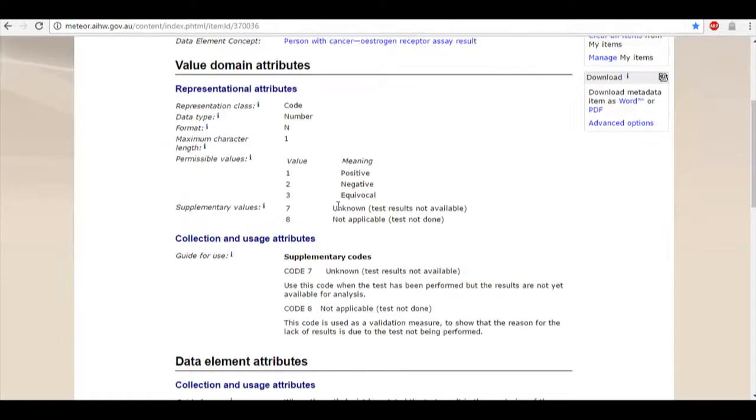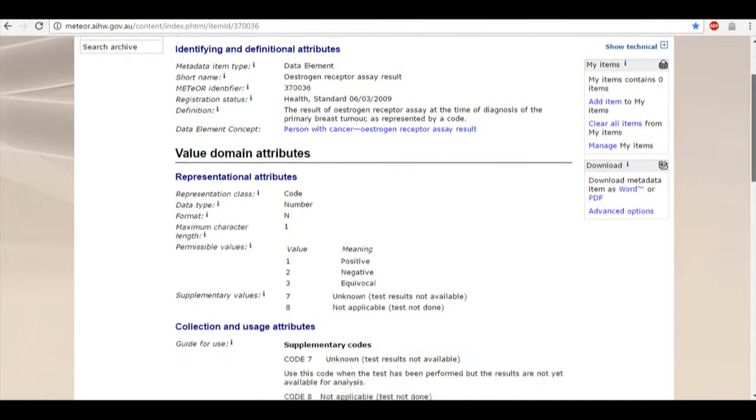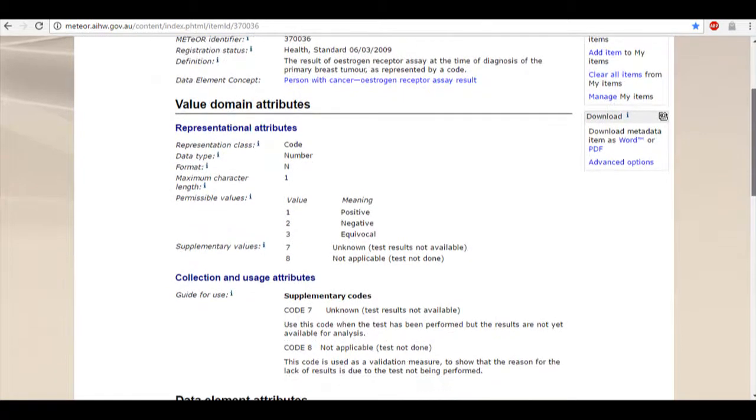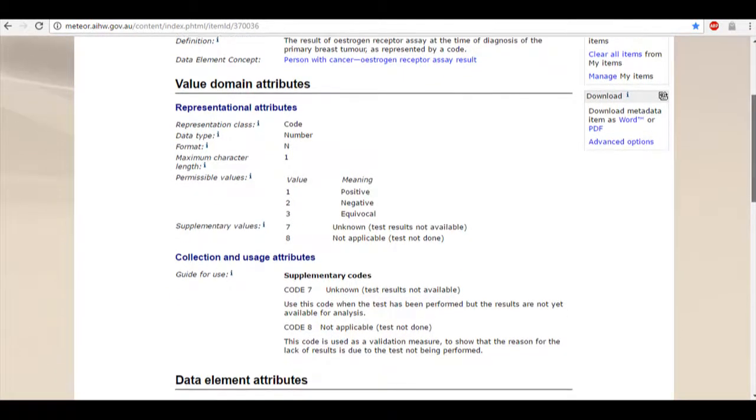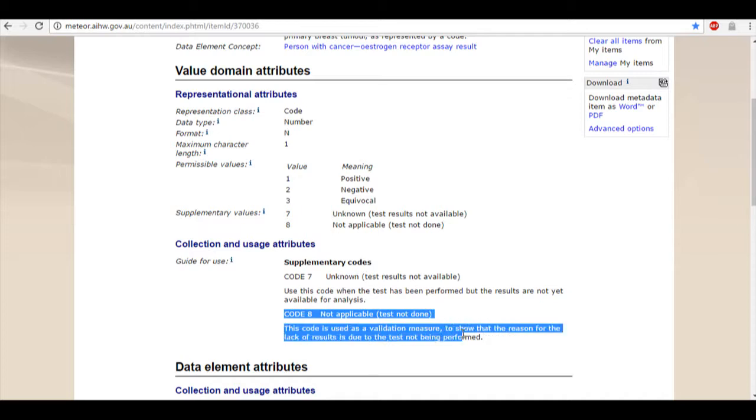So on this one, you could see here also, okay, this was also in 2009. So it hasn't changed. Not applicable right here. Test not done. This code is used as a validation measure to show that the reason for the lack of results is due to the test not being performed.